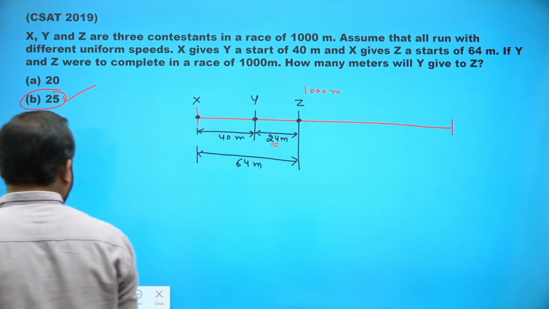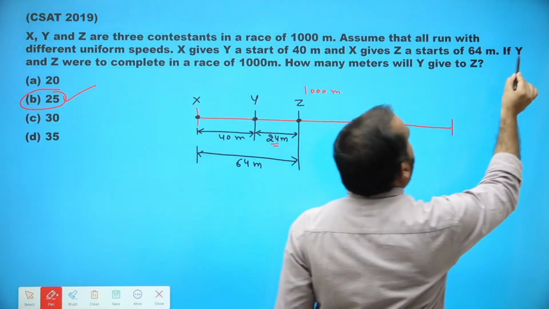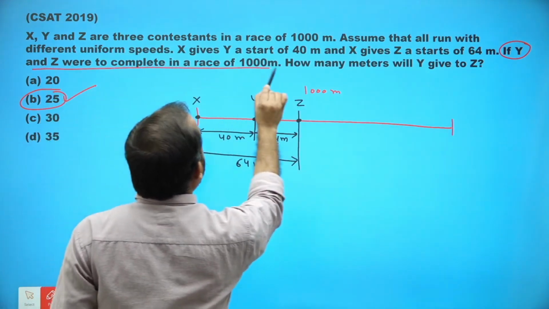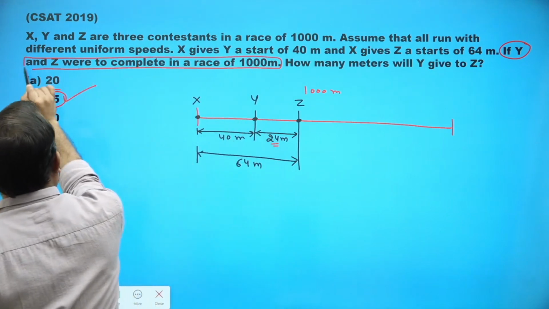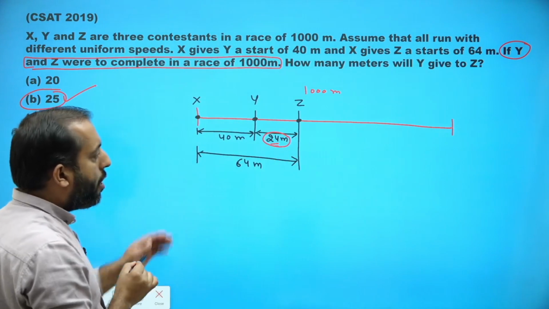Now it is given to us that Y and Z were to complete a race of 1000 meter. This 24 meter is the start.